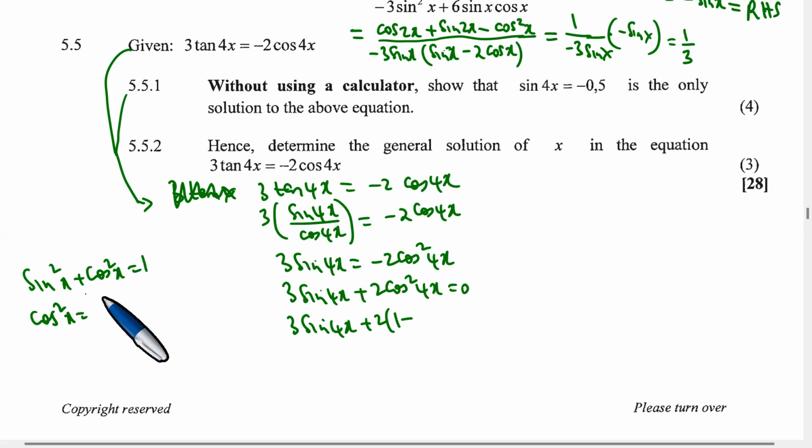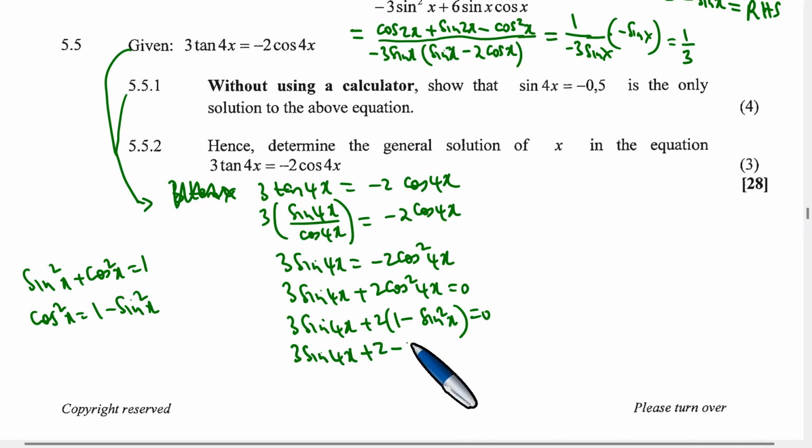If you transpose the sine, cosine squared becomes 1 minus sine squared x. And this equals 0. Three sine 4x plus 2 minus 2 sine squared x.